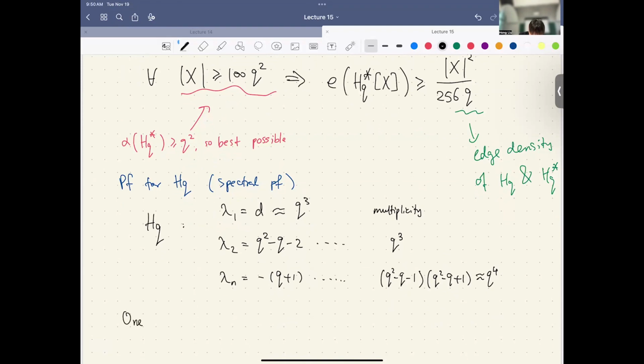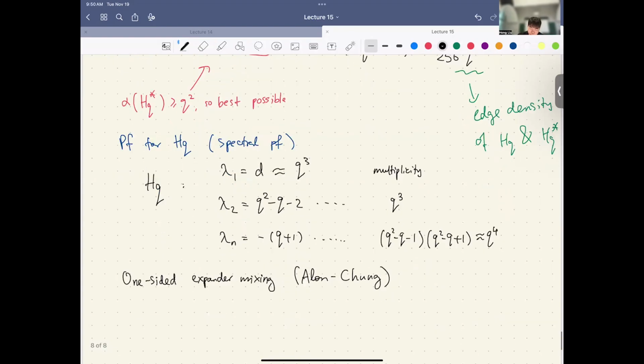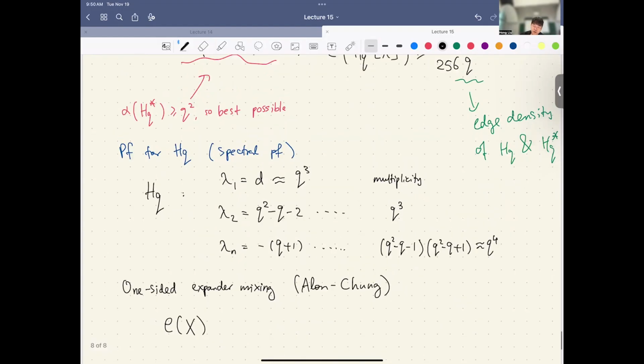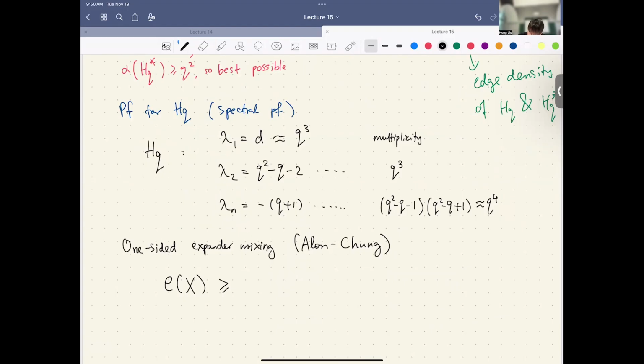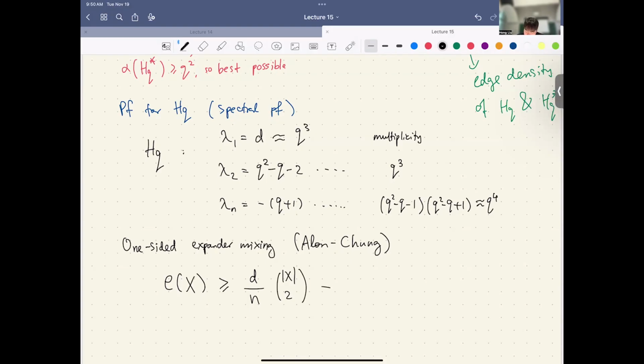So by one-sided expander mixing, for example, along chain, you can show that the number of edges induced on the set is at least the edge density, D over N, times X squared, minus the smallest eigenvalue times something like this. I think this is the one-sided expander mixing.